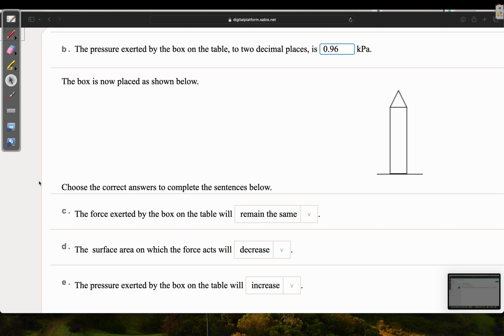So let's say if pressure increases, surface area decreases, and vice versa. While on the other hand, if the force increases, let's say, the pressure will increase, and vice versa.